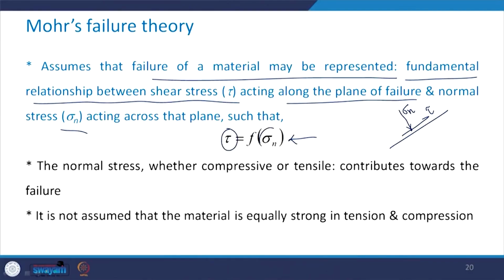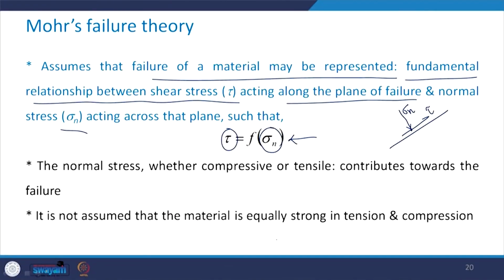Mohr only suggested that there is going to be a relationship between tau and sigma n. However, he never said what kind of relationship it is going to be, whether it is going to be linear or non-linear. It was not mentioned. The only thing there is that the shear stress is a function of the normal stress on the plane of failure.